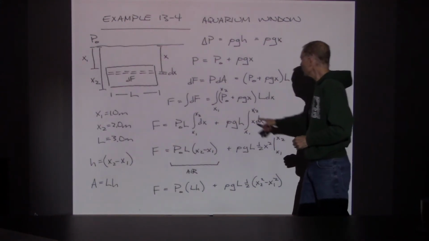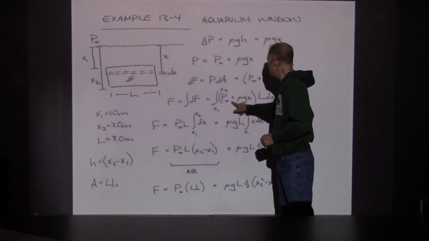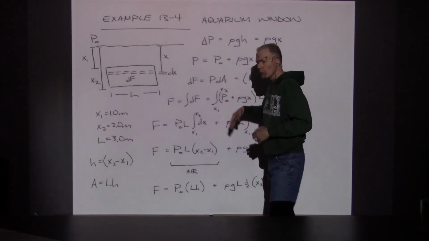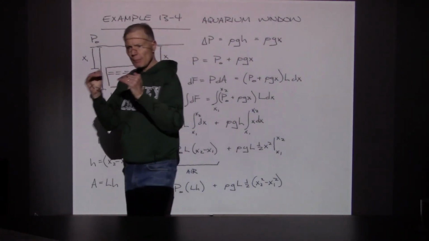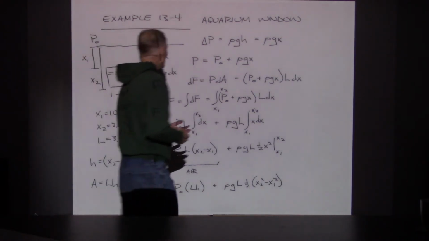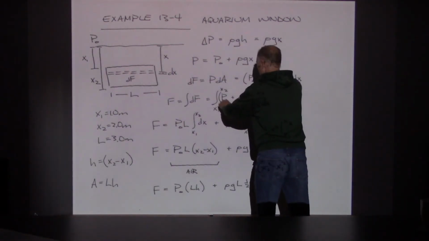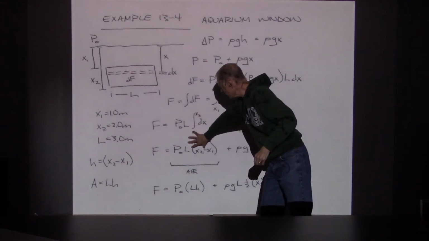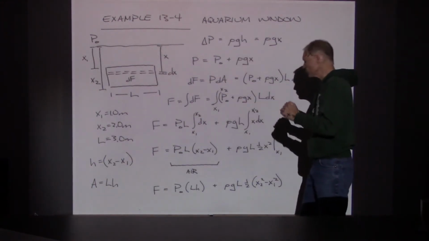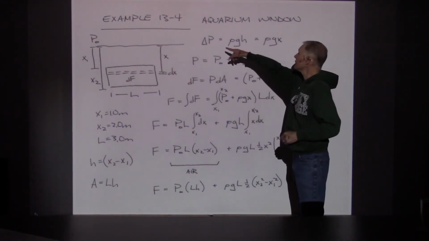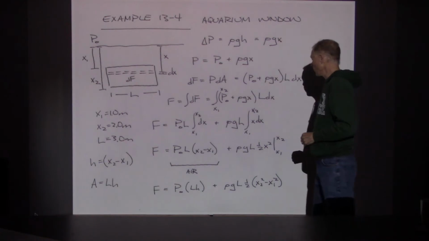Now when we do that, we find out that we really have two different integrations going on. The first term in the integration is keeping track of the fact that there was already atmospheric pressure. So that's kind of handy. What I can do is take this integral and divide it into two pieces. This is keeping track of the background atmospheric effect. This is keeping track of the delta P effect of the water.